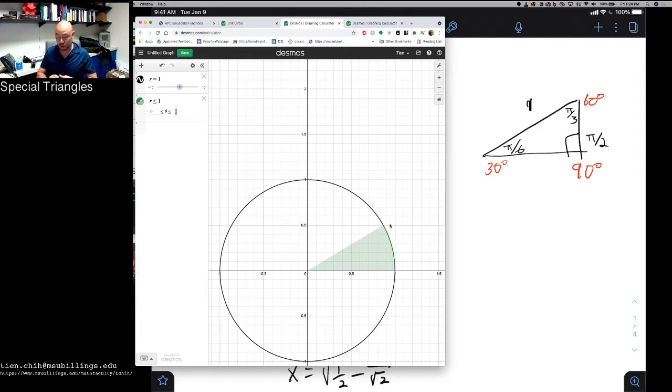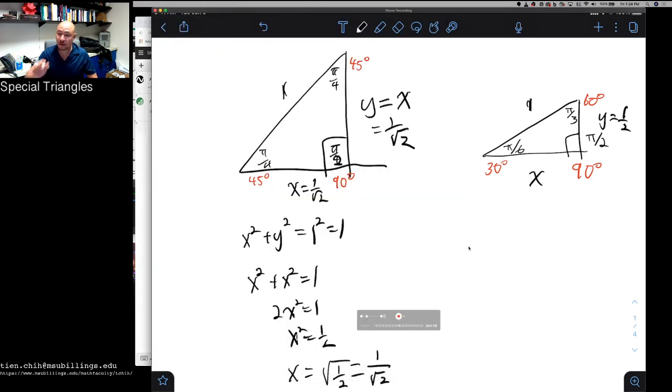So what I know then is that my y is 1/2. The pi over 6 gives me an opposite side of 1/2, and that's of particular importance to us as we go ahead and try to work out the rest of this.